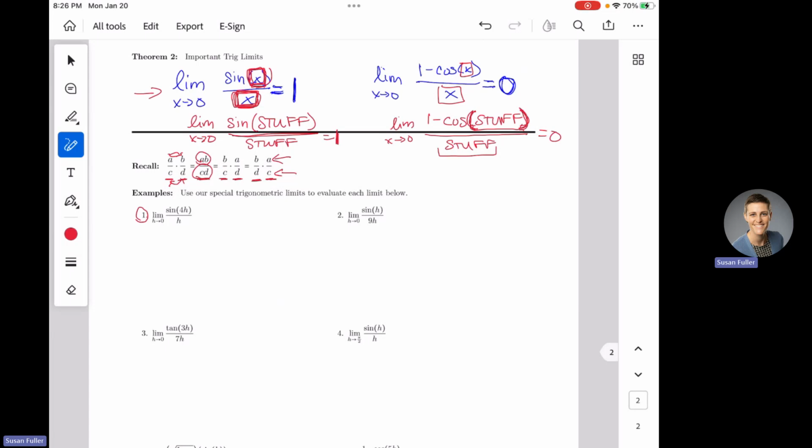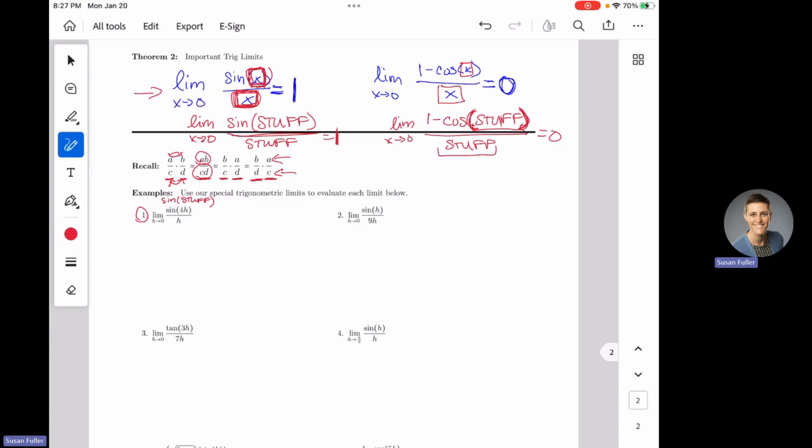Now, you're going to be really tempted to just take this 4 and pull it out of the sine, but you cannot do that. It is stuck in sine jail. You can't just take it out of the function. It's in jail. Nothing goes in, nothing goes out. So this 4h is stuck inside of my sine function, which means I have the sine of some stuff.